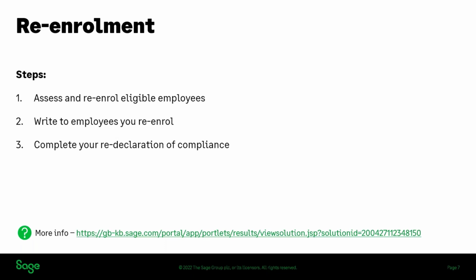If they are not eligible or entitled for whatever reason, they may have been off sick or had a decrease in pay for whatever reason at that time, if you assess them and they are no longer eligible, then you don't have to put them in, even if their pay goes up later down the line. So that's just a key note to make sure that you're aware of, because again, we do get a few questions on that about pay spikes. So it's only at the point that you are re-enrolling and reassessing.